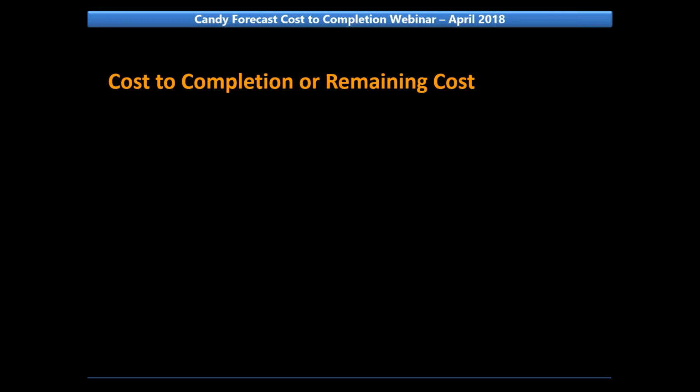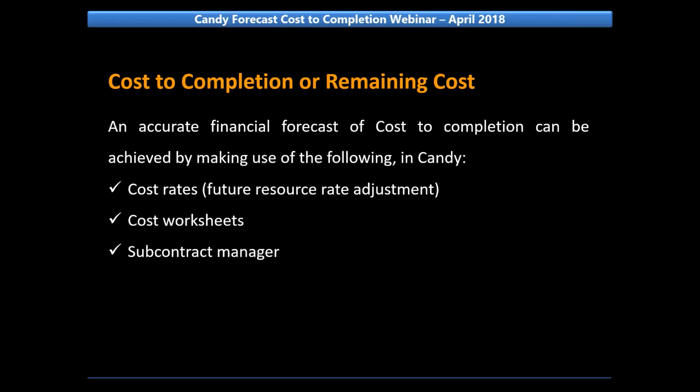In Candy, an accurate financial forecast of cost to completion can be achieved by making use of the following: cost rates or future resource rate adjustment, cost worksheets, and subcontract manager.